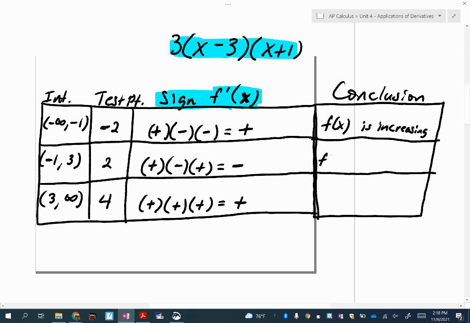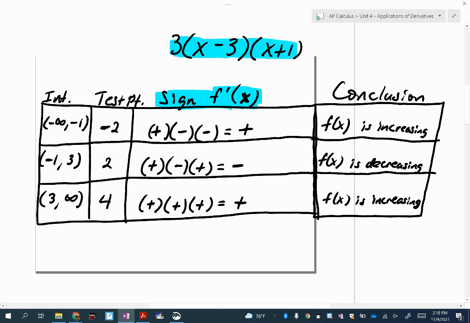Same thing if it shows me in the first derivative test that in my interval the derivative is negative, then my function is decreasing. And finally, same thing as the first test point, this says my original function is increasing.